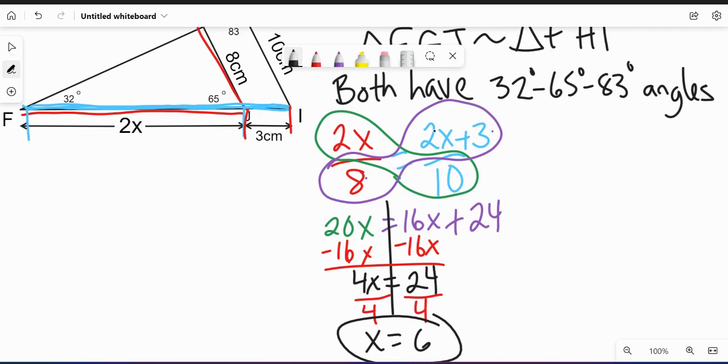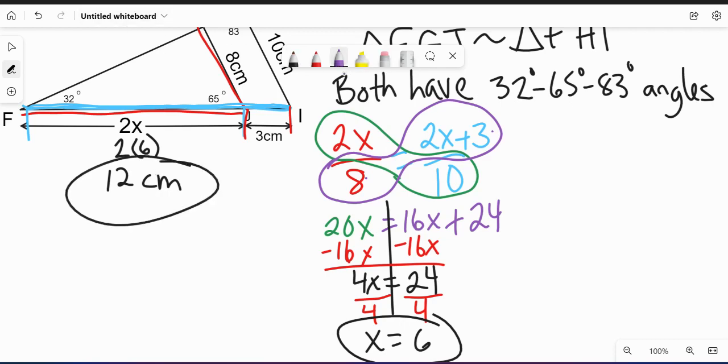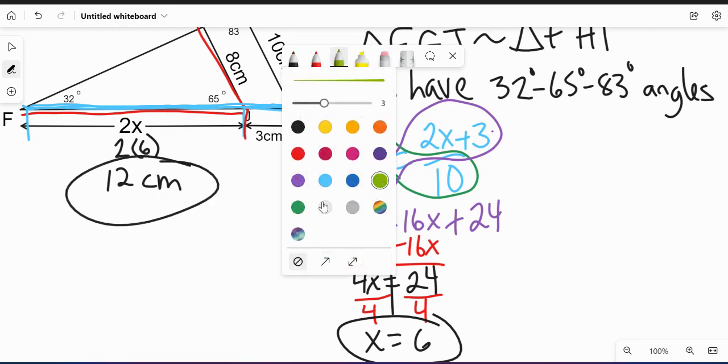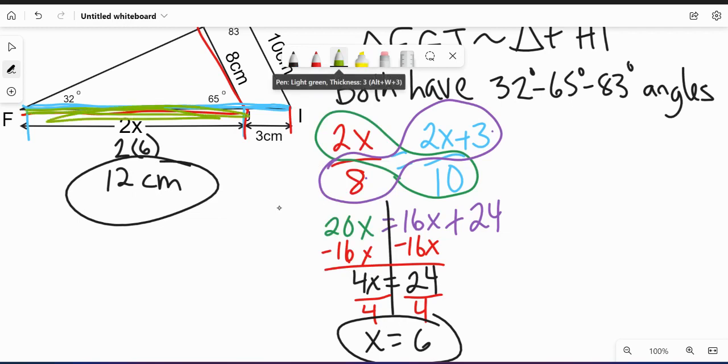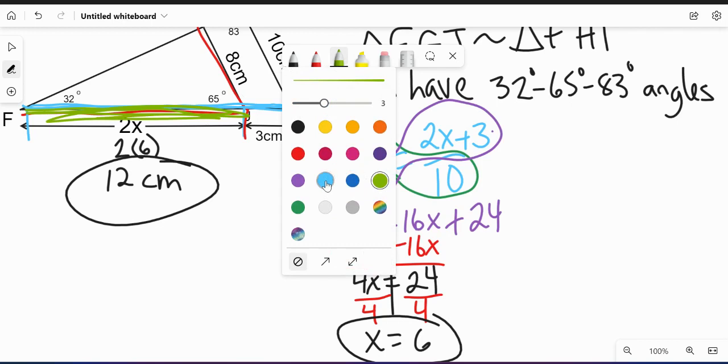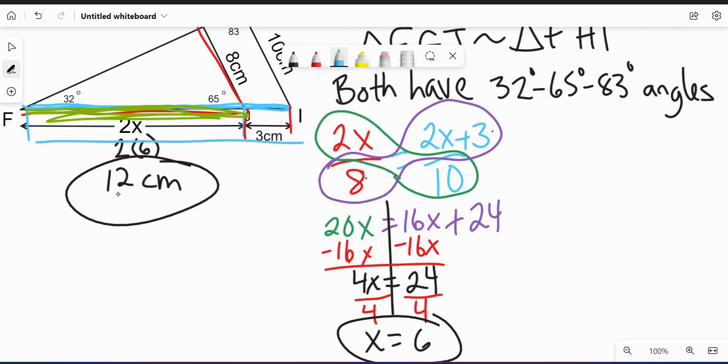But we want to, again, figure out the length of this. 2 times 6 is 12 centimeters. So that means this right here is going to be 12 centimeters. And then the whole thing, like we said before, from here to here, 12 plus 3, that's going to be 15 centimeters.